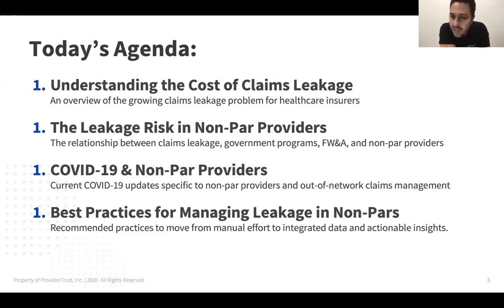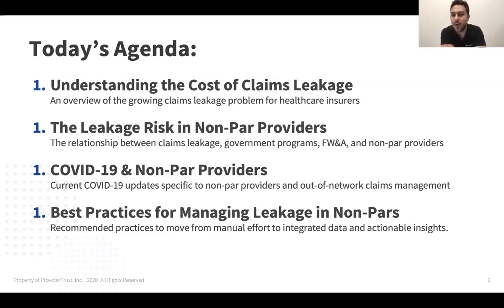Today's agenda, really quick. We have 4 sections here on the screen. The first one is understanding the cost of claims leakage. We'll take you through a quick overview of the growing claims leakage problem for healthcare insurers in the United States. Specifically then, and why you all are on the call and interested today, is the leakage risk in non-PARs and understanding what that looks like and the connections, relationships between claims leakage, government programs, fraud, waste, and abuse, and non-PARs as well.